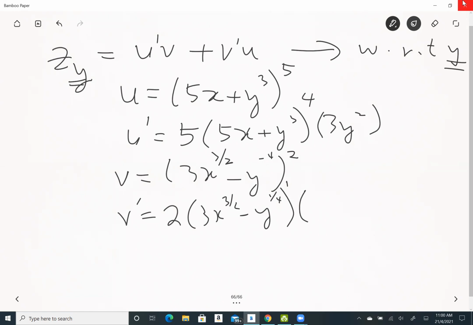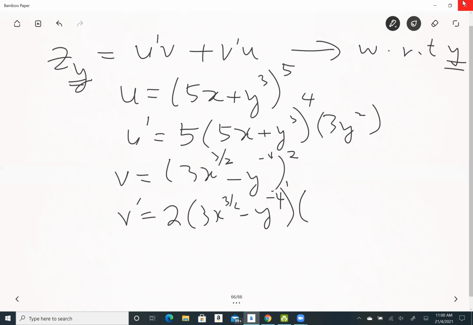So what do I get? Not 1 over 4, I'm sorry, it's y to the power of negative 4. So what is the derivative of the terms in the bracket with respect to y? It's 4y to the power of 3.